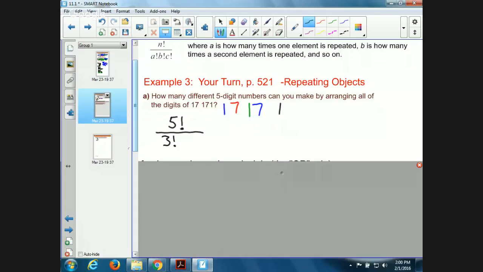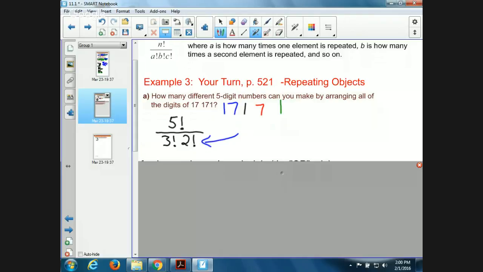Likewise, there's 2 sevens, so you have 2 factorial. That reflects that you've got this 7 and 7 or this 7 and 7 for a given arrangement. You're dividing out all the repeated ones. I'm showing different possibilities right now, right? That's what you're dividing here, okay?